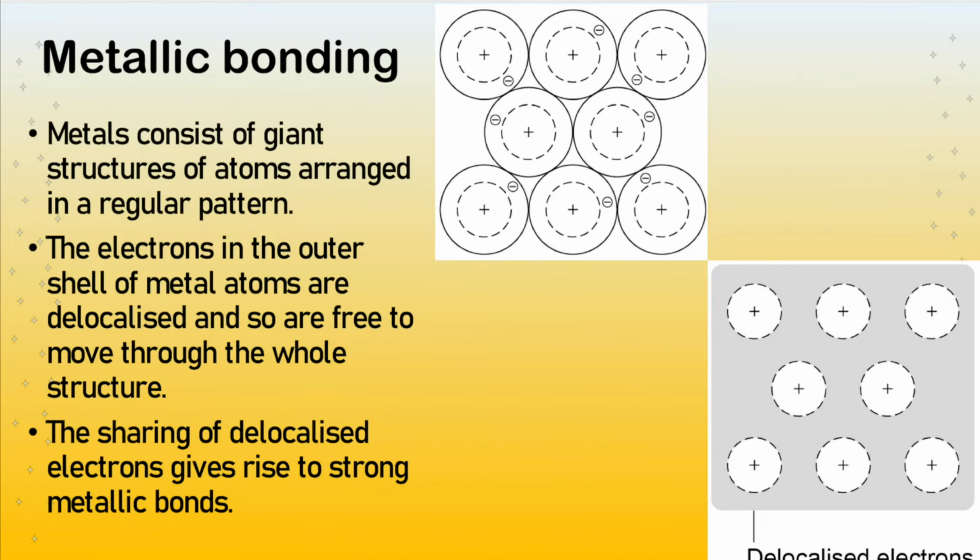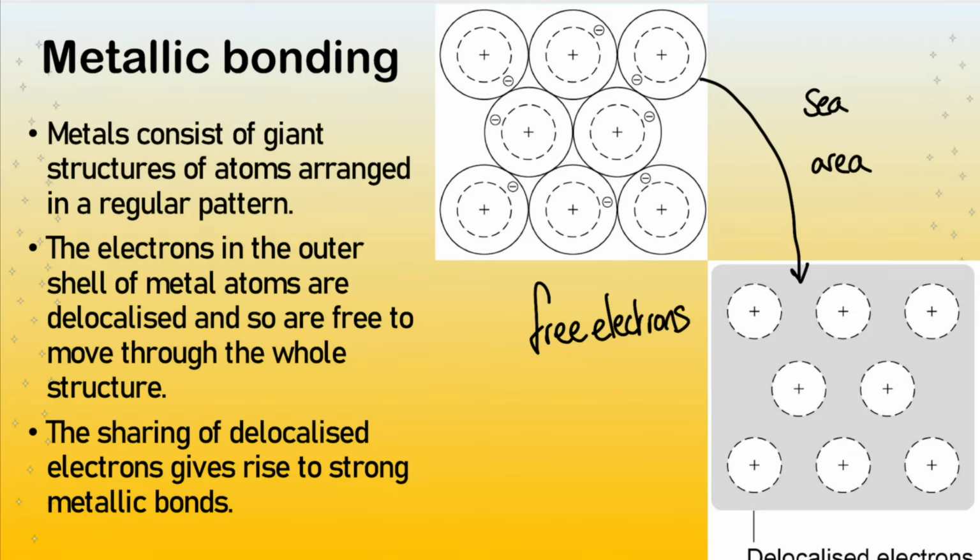So these electrons end up coming into what we call a sea of delocalized electrons. We can call it a sea, we can call it an area, we could say that these electrons are free electrons, or you could say the key word here, which is they are delocalized, which I think is the best one.